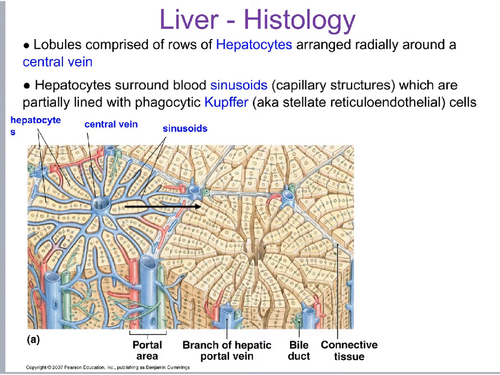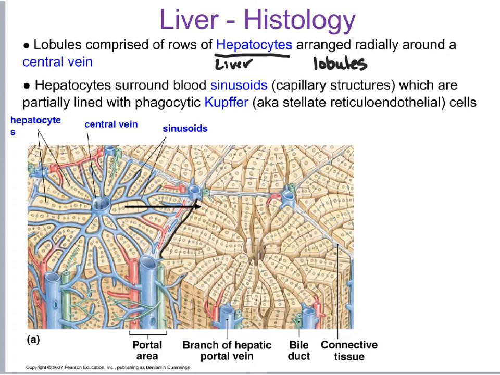If we were to look at the liver underneath the microscope, we see that the liver itself is made up of specialized liver cells called hepatocytes. Hepato means liver. And they're arranged in a very particular manner. They come together to make what we call lobules, little lobes.